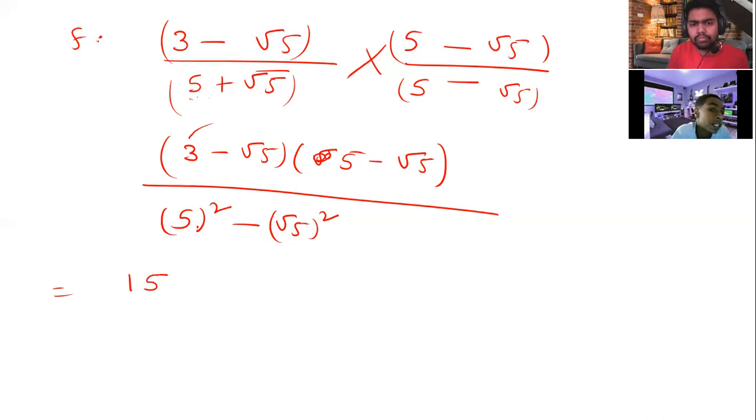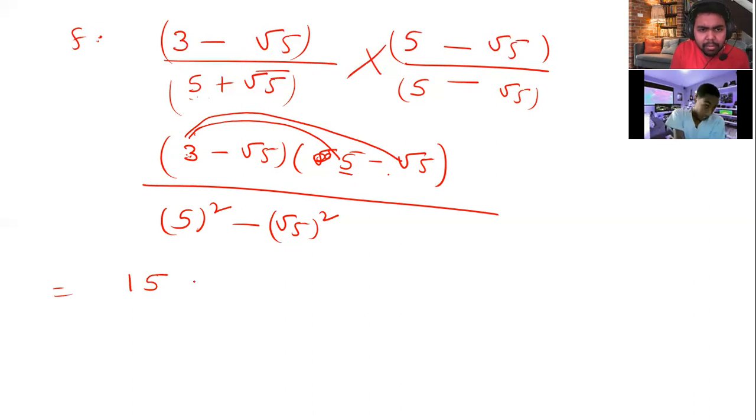First of all, 3 would be multiplied by 5 here and then 3 would be multiplied by root 5 there. Then plus minus would be minus, and 3 root 5 would be just 3 root 5, right? Now come to this.